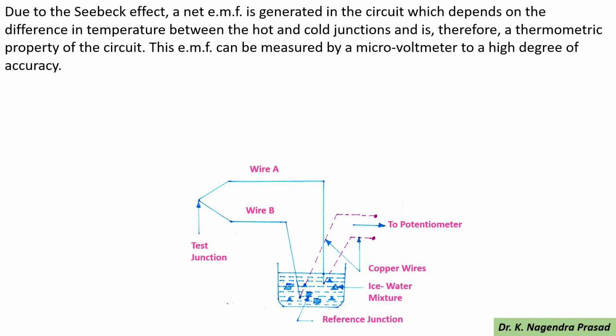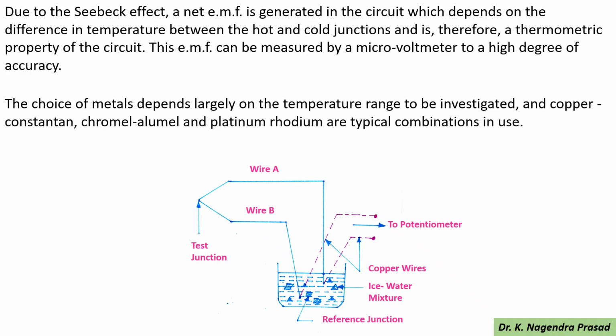Due to the Seebeck effect, a net electromotive force, EMF, is generated in the circuit, which depends on the difference in temperature between the hot and cold junctions and is therefore a thermometric property of the circuit. This EMF can be measured by using a microvoltmeter to a high degree of accuracy.